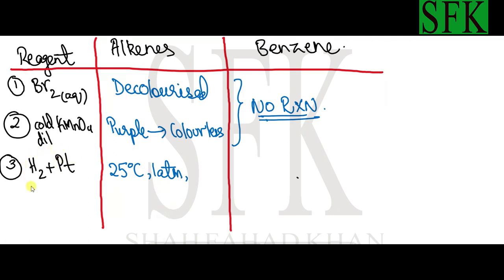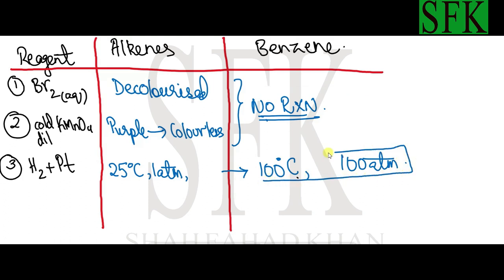And as far as the hydrogenation is concerned, no reaction occurs until it is heated to 100 degrees Celsius and 100 atmospheric pressure is applied. Basically, very high temperature and very high pressure are required for benzene to react with hydrogen and platinum catalyst.